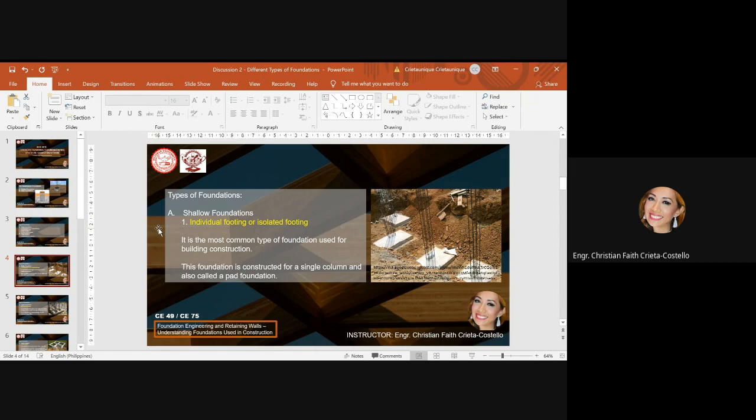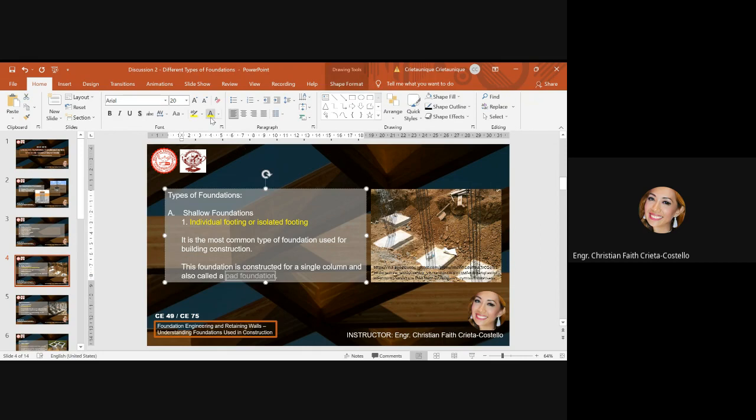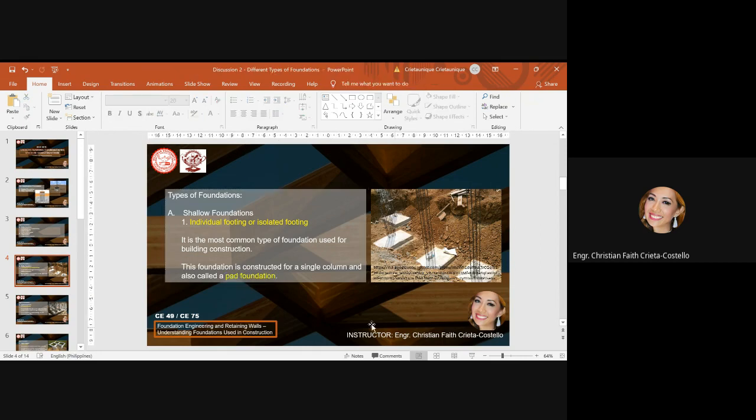This foundation is constructed for a single column and is also called pad foundation. The shape of individual footing is square or rectangle and is used when loads from the structure are carried by the columns. Size is calculated based on the load on the column and the safe bearing capacity of soil.